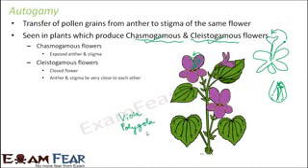So in case of chasmogamous flowers, autogamy or self-pollination is difficult. In that case, you need the pollinating agents to carry pollen from one flower to another. In clistogamous flowers, where the anther and stigma are very close to each other, there is no chance of cross-pollination. Why? Because the flower will never open at all.